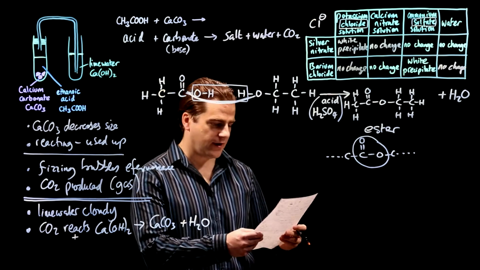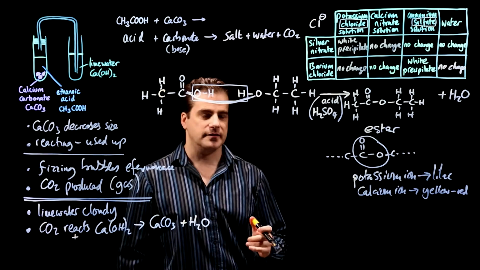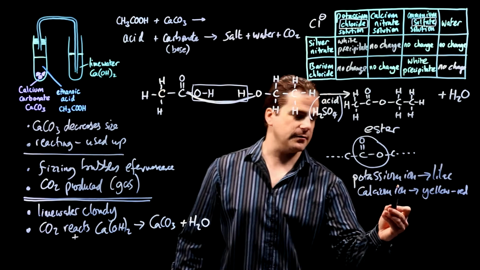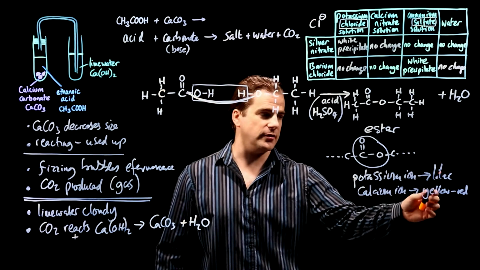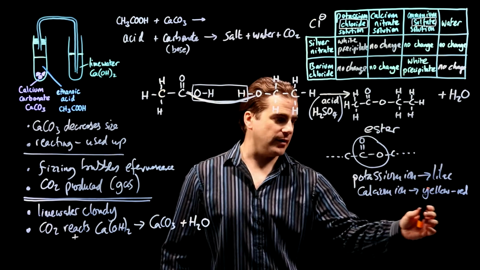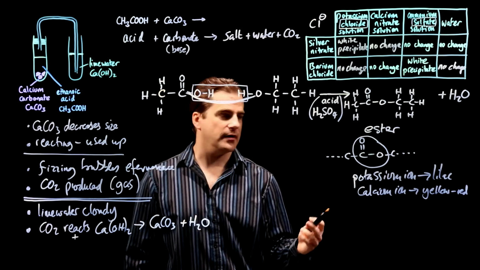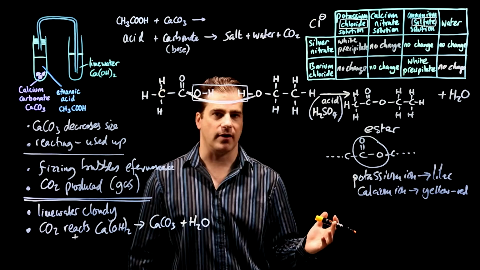Right, flame tests. Again, in a mixture. Well, the reason is, if you have potassium and calcium ions mixed together and you do a flame test, the potassium ions will produce a lilac flame, but that will be mixed with the calcium ions producing a yellow-red flame. So you get whatever colour is produced by mixing a lilac and a yellow-red flame.